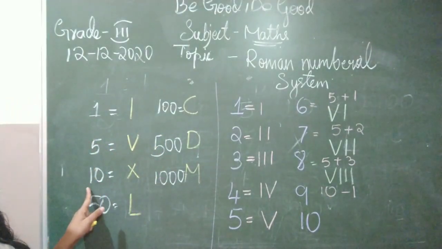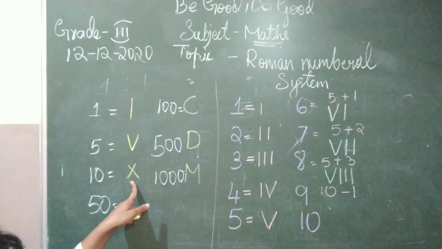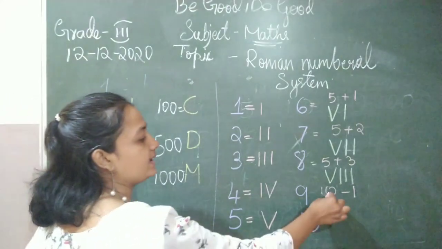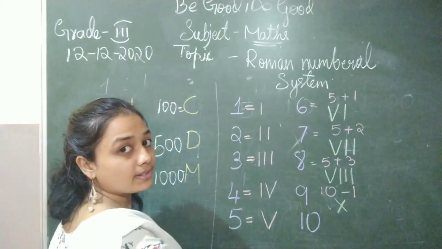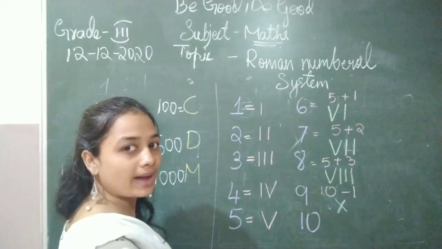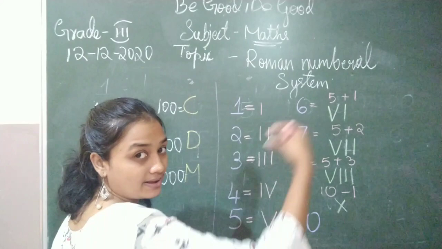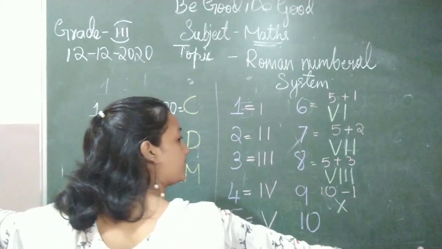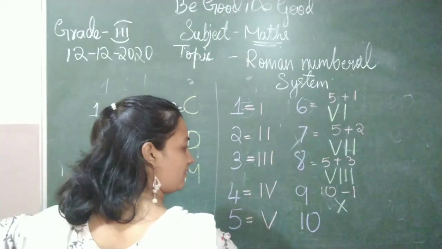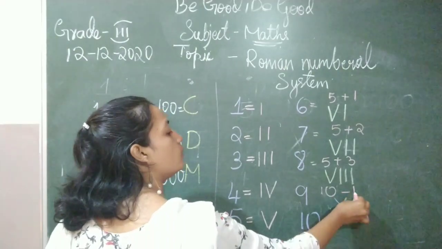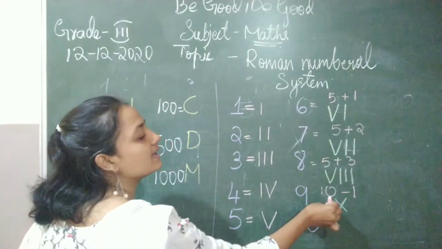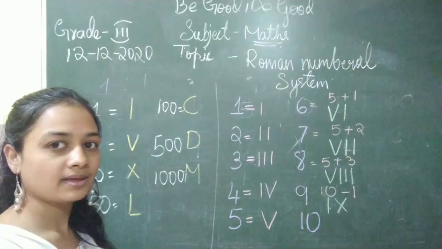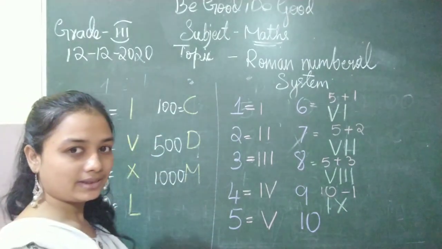I can see the symbol for 10 is X. So, I will write X first and I am subtracting 1, means minus. Which side should I write? Right side or my left side? I should write it on my left side. So, 1 I will write on the left side. This is 9.